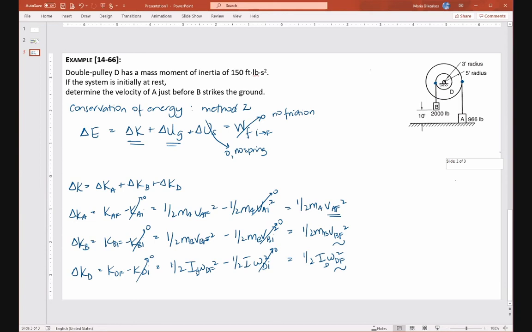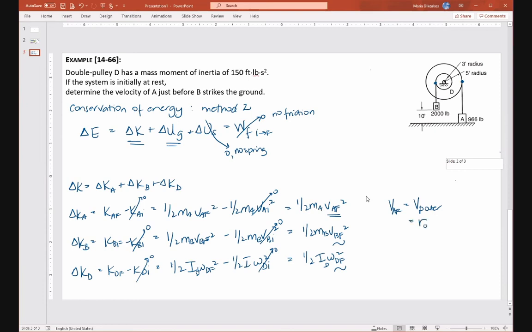Would we be using the VAB equals RAB omega AB formula again? Yeah, so let's say VAF is equal to which R, which omega? So VAF is equal to V of the pulley outer, if you want to call it that. So the radius would be the outer radius.